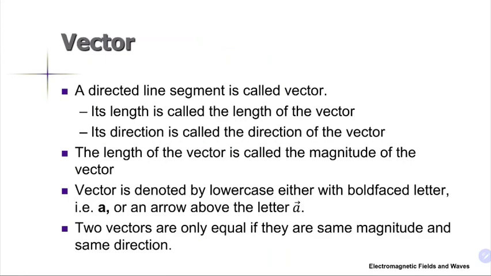A directed line segment is called a vector. Its length is called the magnitude of the vector, and its direction is called the direction of the vector. Normally we draw a line and associate the length of the line with the magnitude of the vector.